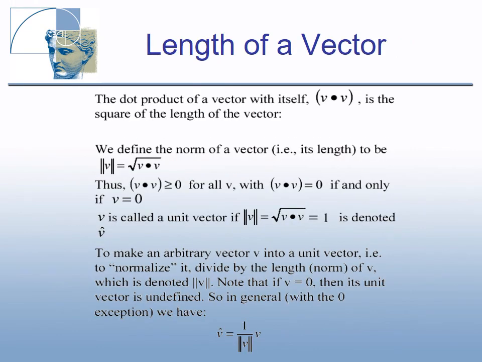The dot product of a vector with itself is the square of the length of a vector. The length, or the norm, of the vector is the square root of the dot product. If the norm of the vector is equal to 1, the vector is called a unit vector. To make a vector into a unit vector, we need to normalize it as shown by the formula below.